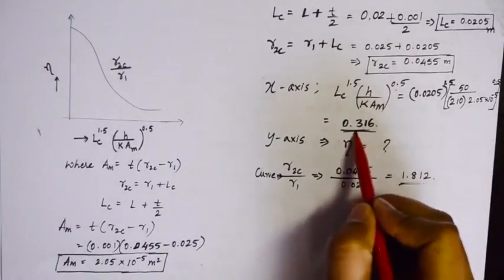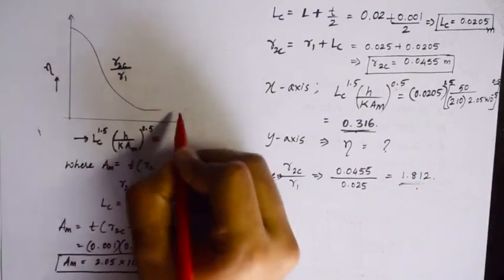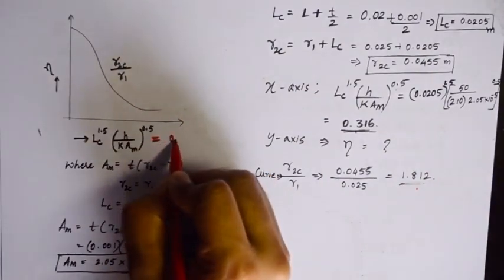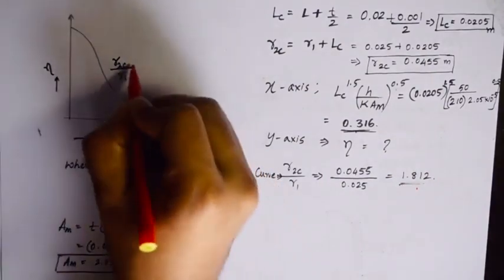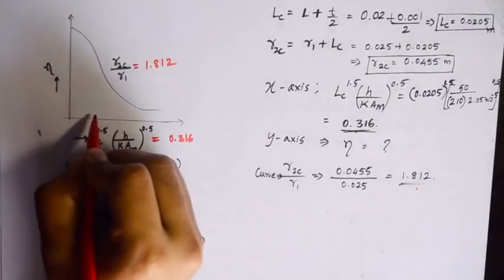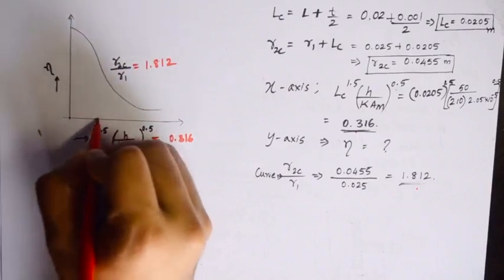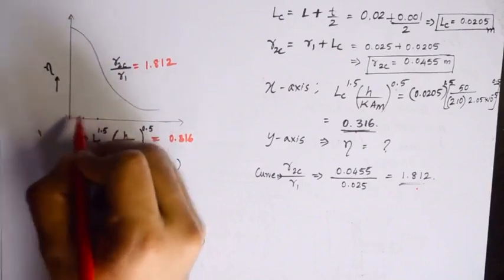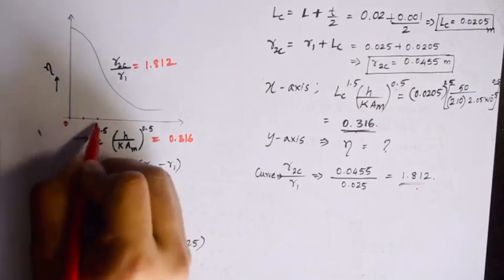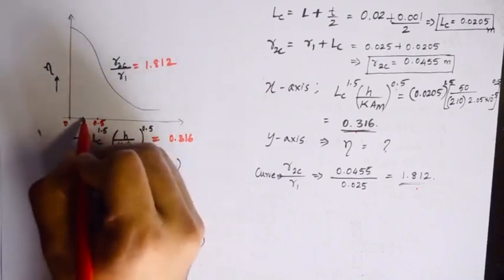Now for these two values of x-axis and curve, you refer to the graph. You have 0 and 0.5 graduation, so that will be in between. You have one more graduation, so this will give you 0.25. What we want is 0.316, so you have to take it appropriately over here.